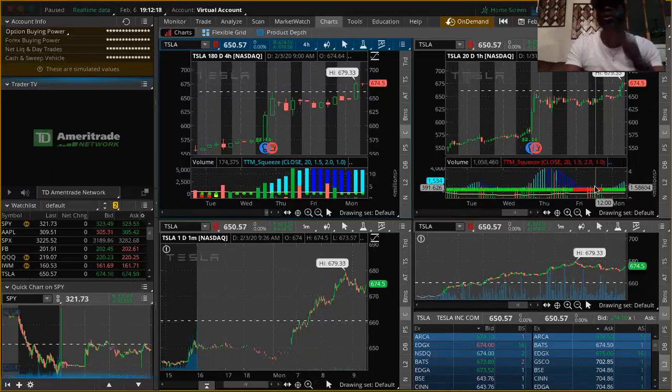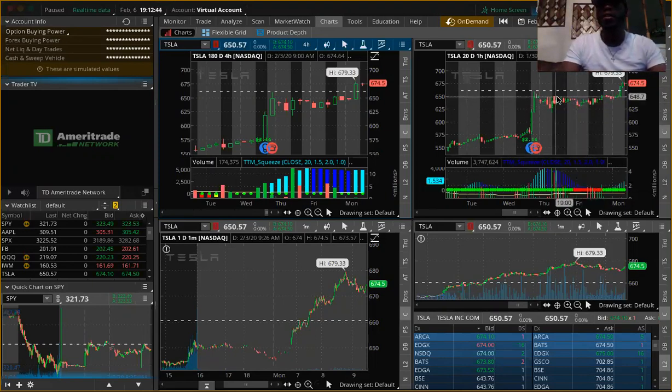Why is that? Well, volatility plays a part. When stocks are trading within that Keltner channel, volatility is relatively low, which means the price you're going to be paying for these contracts is going to be cheaper than when the stock moves out of that Keltner channel, right? So basically, we're buying low, we're selling high.